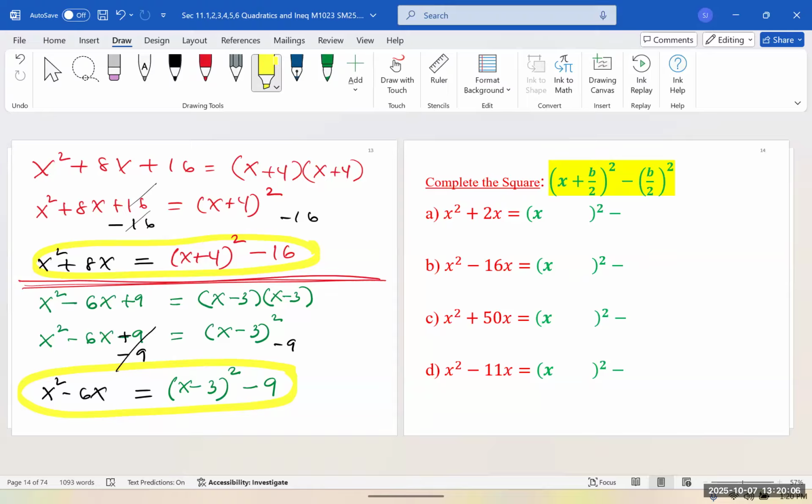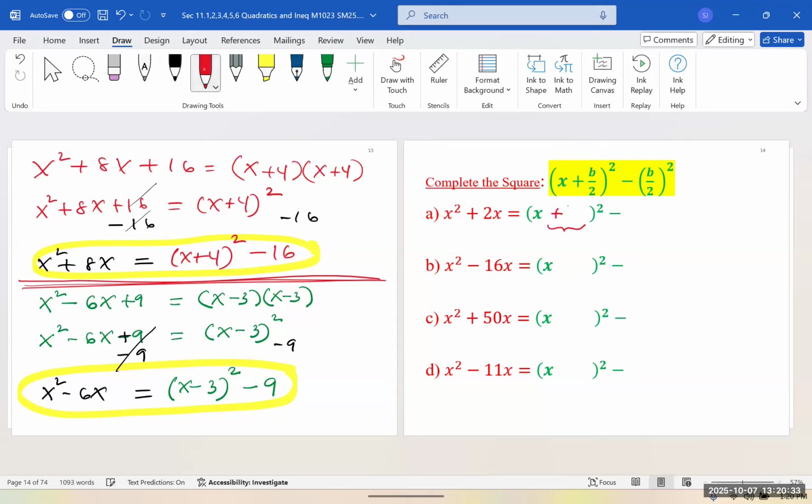The first one is x squared plus 2x. We are going to complete the square. So what goes inside your parentheses? Half of b. So in our case, what is our b? 2. So what is half of 2? 1.